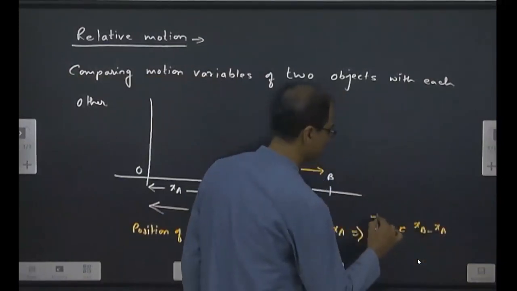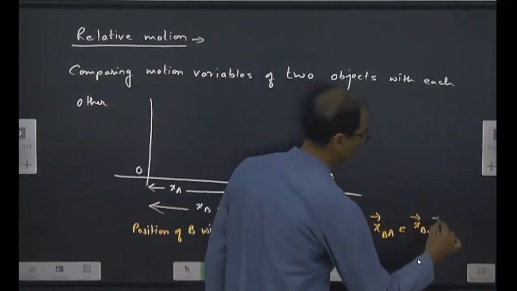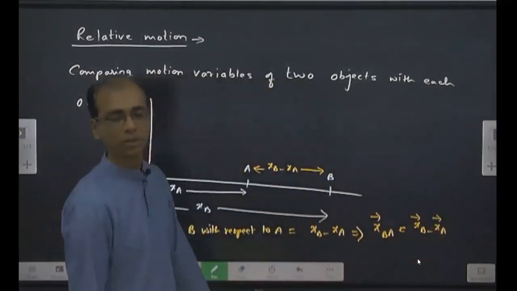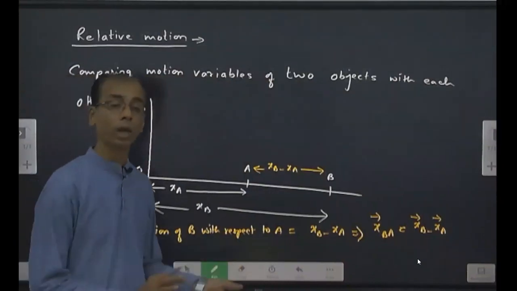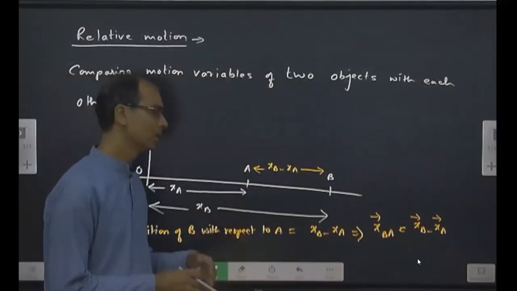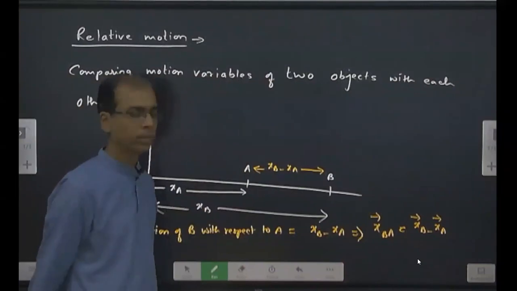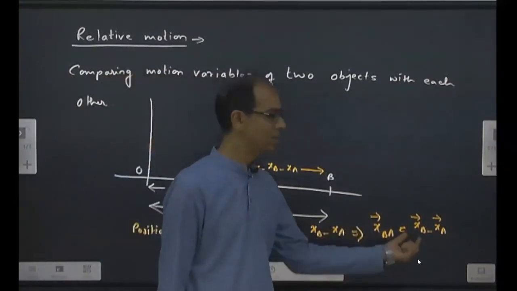And it is a vector. Since it's one-dimensional motion, it doesn't make much difference to us. But when we go into two-dimensional motion, it will. So let's go with the vector only. Position of B with respect to A is equal to XB minus XA.